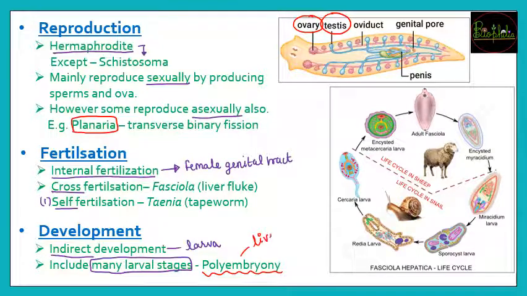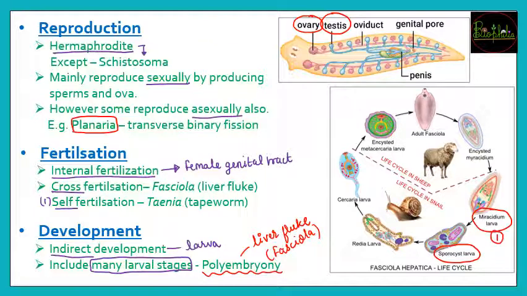In which example will you see it? It will be seen in the liver fluke, also called Fasciola. So Fasciola is the worm that has the polyembryony condition, where 4 stages of larva are present. If you look at the life cycle of Fasciola, first of all you will see the miracidium larva, then the sporocyst larva.